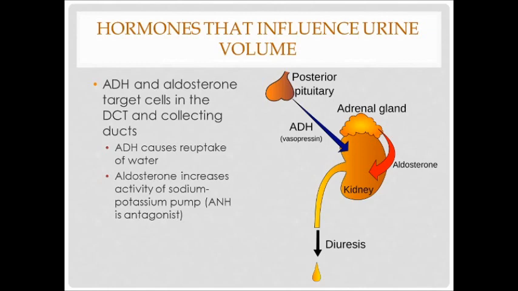So we talked a little bit about ADH and aldosterone already. They're going to target cells in the distal convoluted tubule and the collecting ducts. ADH is going to cause reuptake of water, so when you're more dehydrated, you might have more ADH secretion happening to influence the kidneys to keep more water in your system.